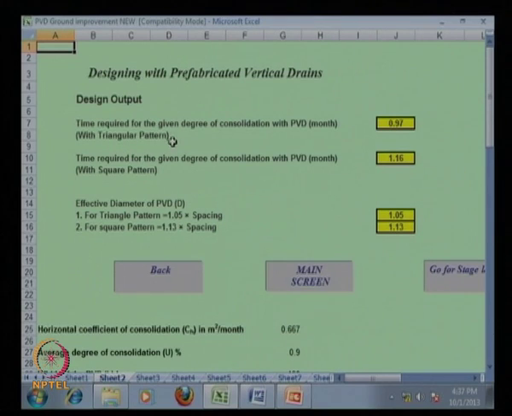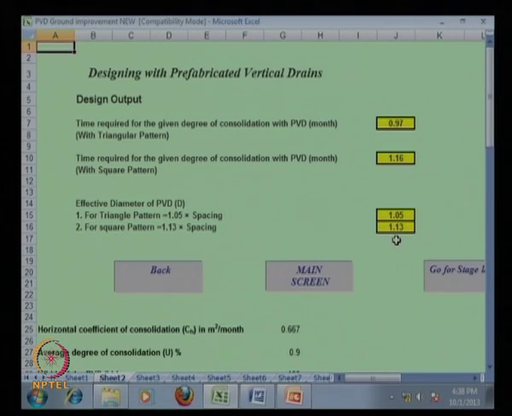So, time required for the given degree of consolidation with PVD in month, triangular spacing, is 0.97 month, and with square pattern 1.16 month. The effective diameter of PVD D for triangular pattern is 1.05 into spacing, and for square pattern 1.13 into spacing.